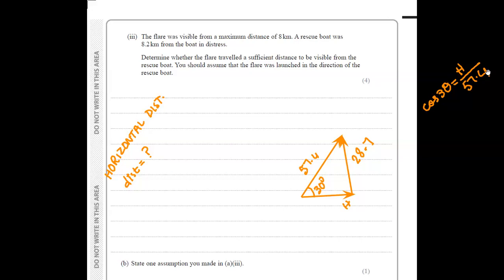That gives me the horizontal component as 49.7 meters per second. So the initial velocity horizontally is 49.7 meters per second.